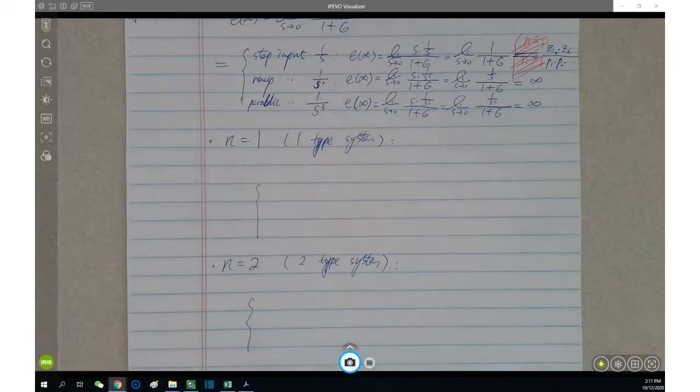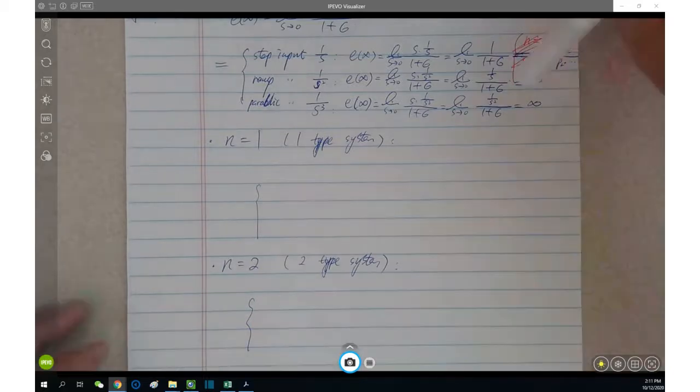This is the idea, and I will provide you a better summarized relationship between the system type and the steady state error.